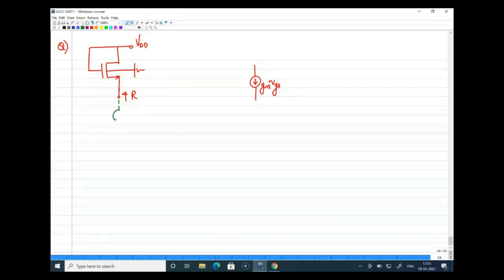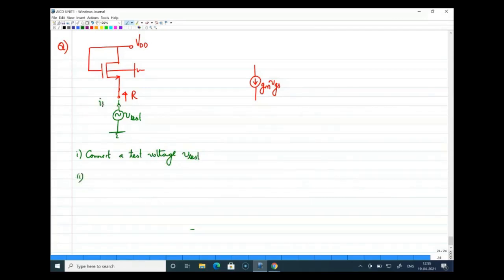Okay, I am explaining that here. The first thing is to connect a test voltage. We call it V test. So the first step is to connect a test voltage, which can provide a test current.